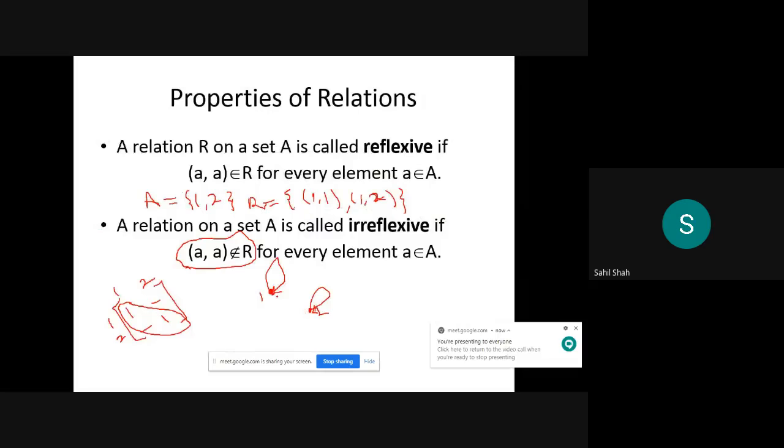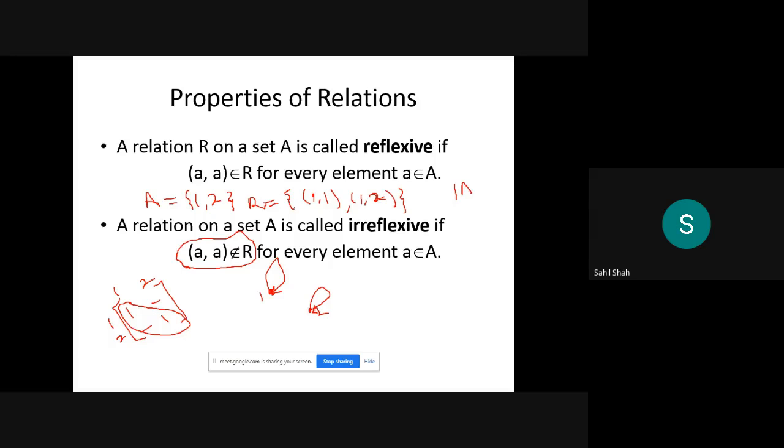I do have one question. Many times this question has been asked in the GATE examination, for those who are preparing for GATE. How many reflexive binary relations are possible on a set A having cardinality n?